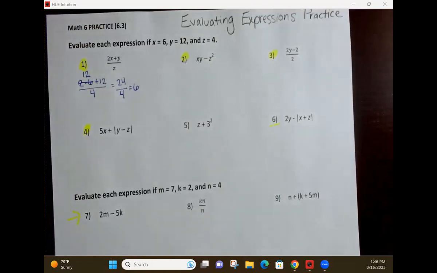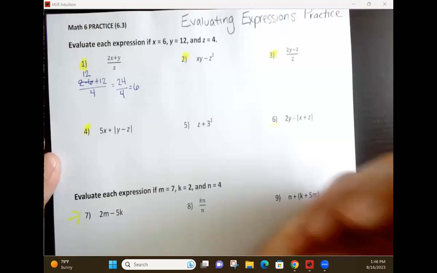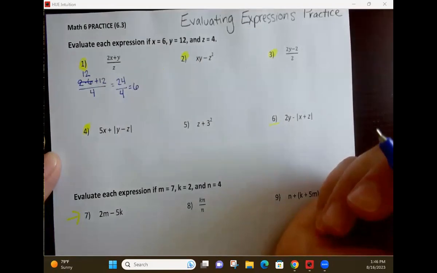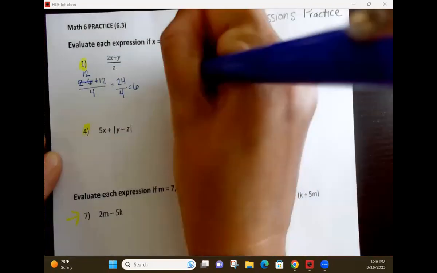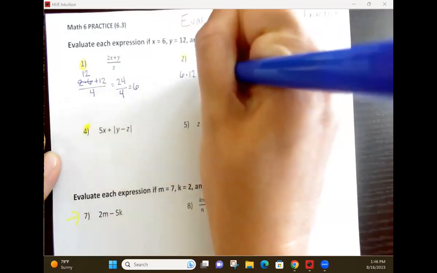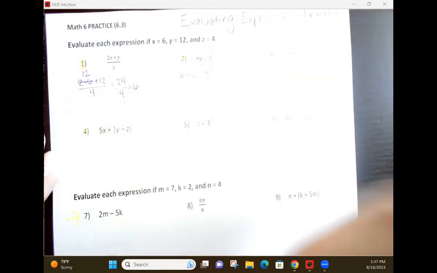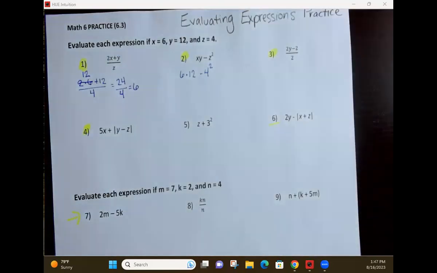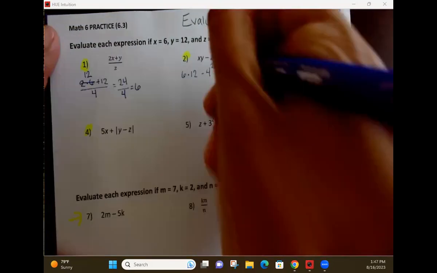Number 2, same idea. We're going to plug in our values and simplify using order of operations. So x is 6 times y is 12 minus 4 squared. Where should I start here? Exponent. So I'm going to do 4 squared to start. 4 squared is 16.